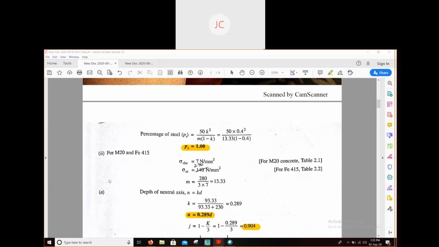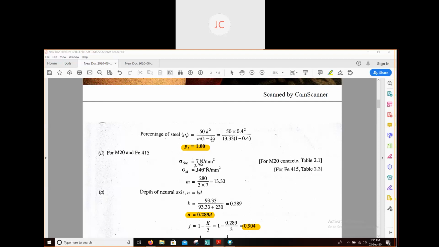Did you get the answer? No. The percentage of steel by this formula is 50 k square divided by m into 1 minus k.